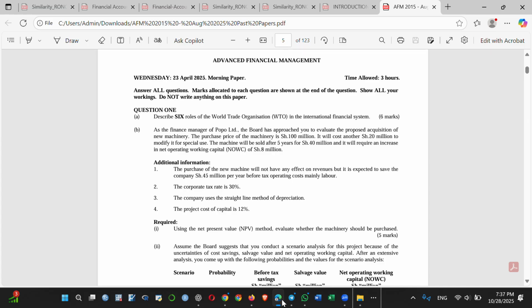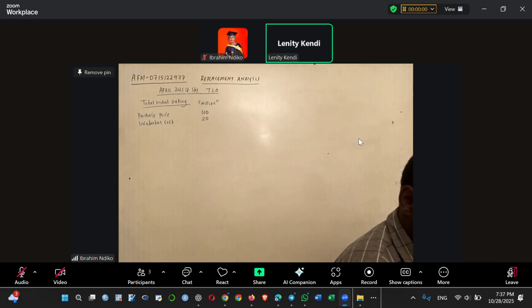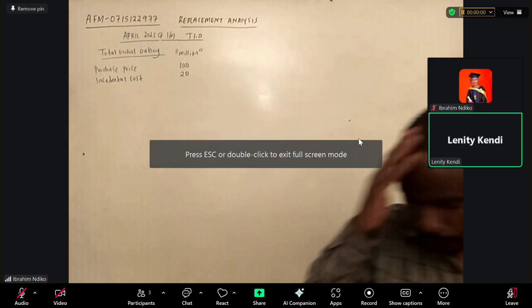So when you talk about incidental cost, these are costs which are incurred before the use of the machine, before the machine reaches the factory and starts working. So it means they will modify the machine first before it starts work. Kwa sawa? Yes. So there's no other cost there.